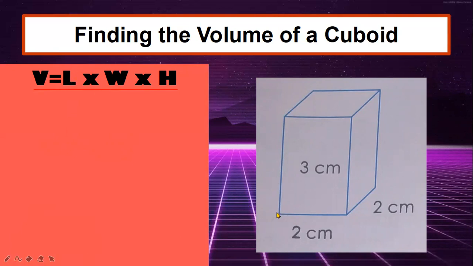So the first thing that we should do is to actually label the cuboid. This side right here is our length. This side right here, or this edge, is our width.